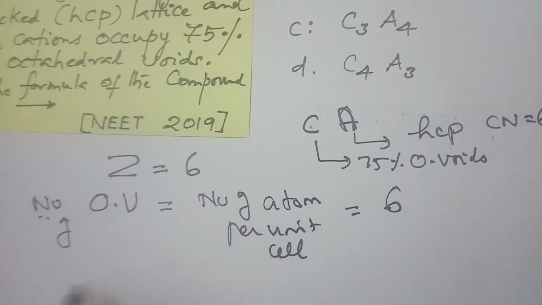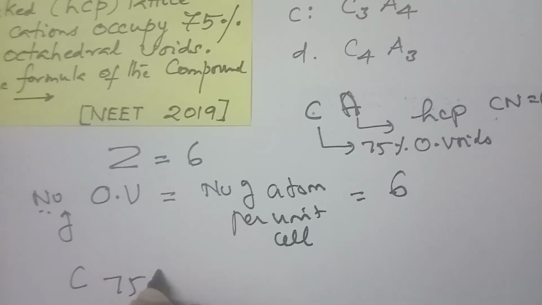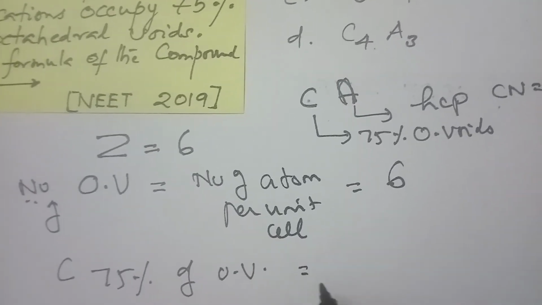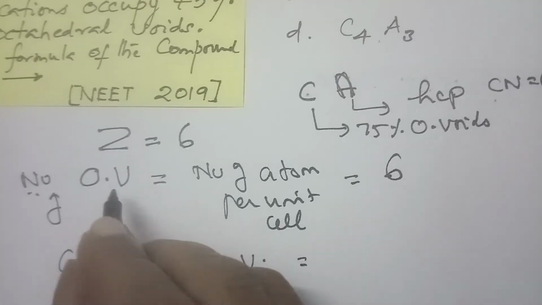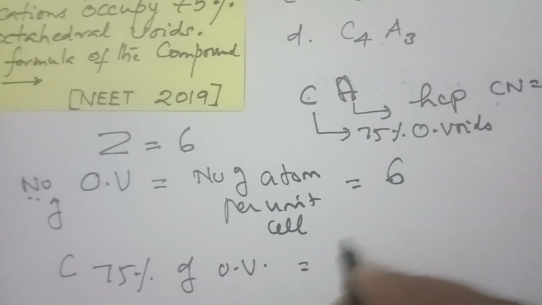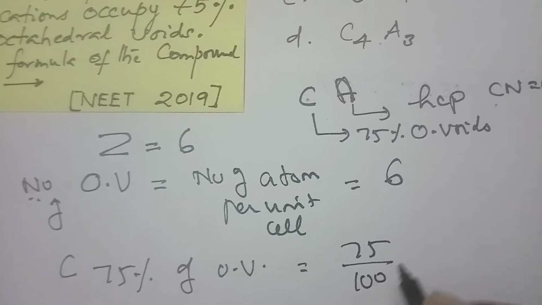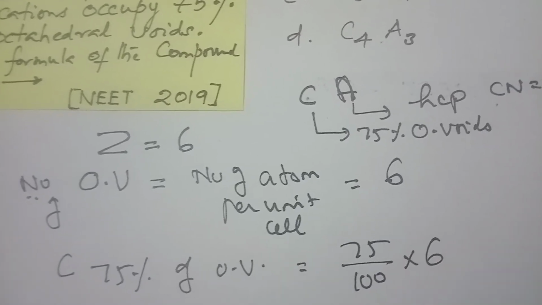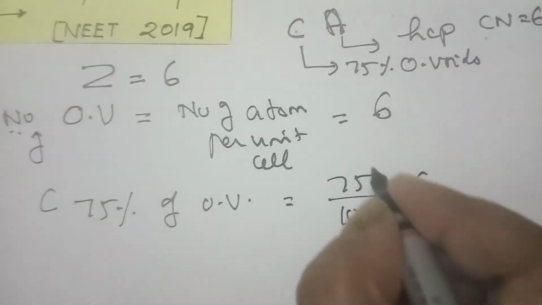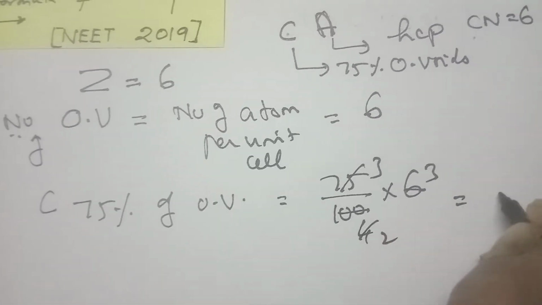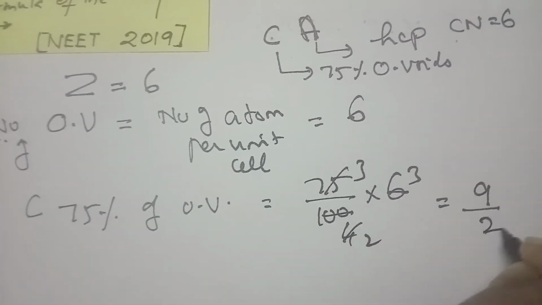Your cation is occupying 75% of the octahedral voids. The number of octahedral voids is 6. So 75% means 75 by 100, that is 75% of your 6 is occupied by cation. Getting cancelled, 3 by 4 and here 2, you are getting 9 by 2.